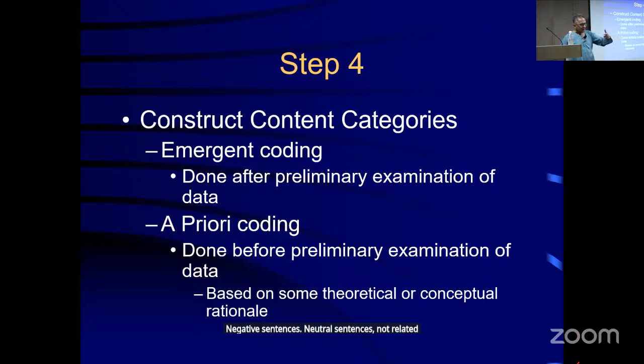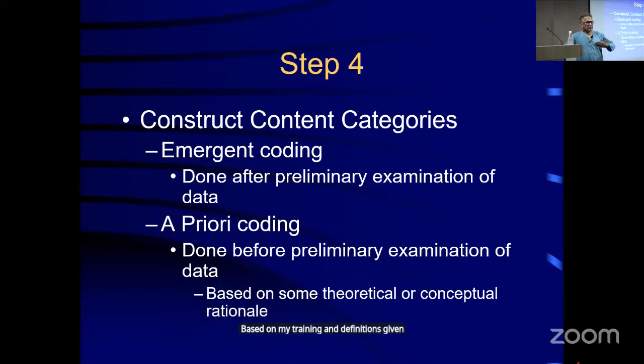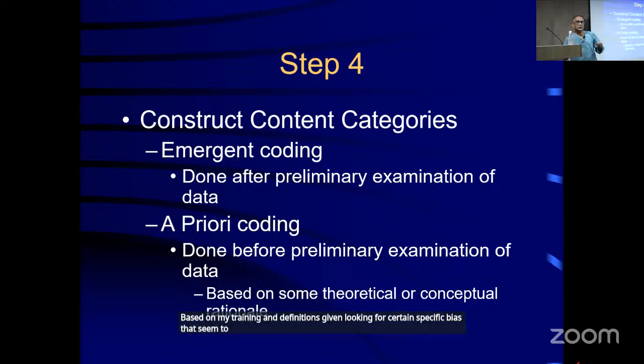So each sentence I read, I make a judgment based on my training and definitions given, looking for certain specific bias words that seem to say that the reporter is for or against, or making an inference, making a judgment.